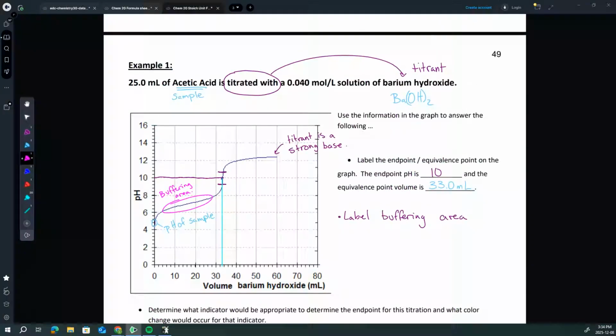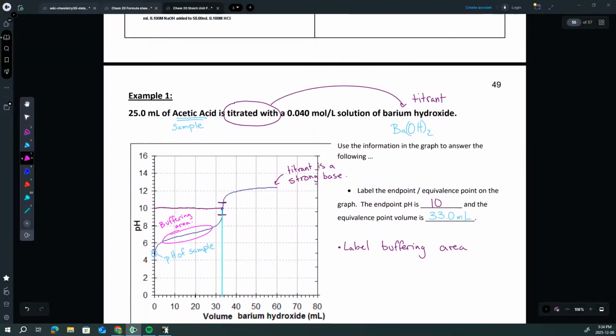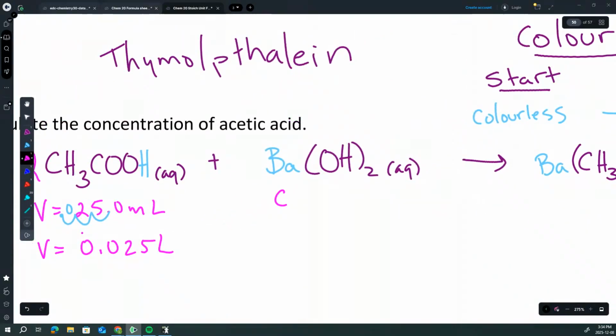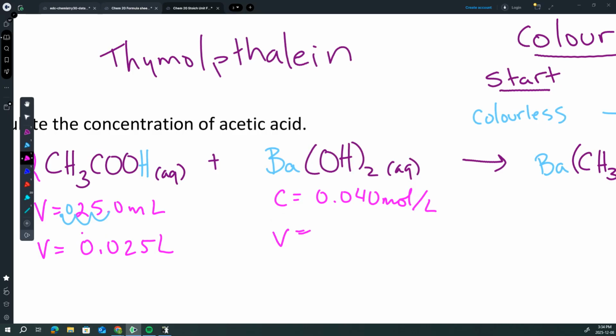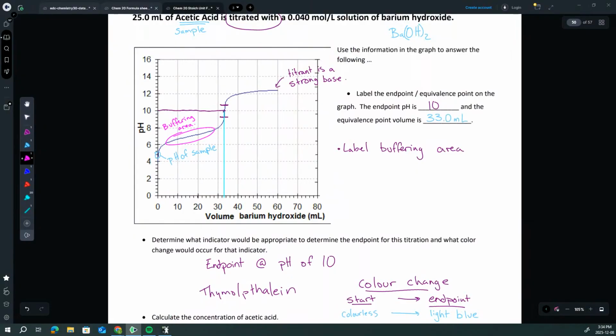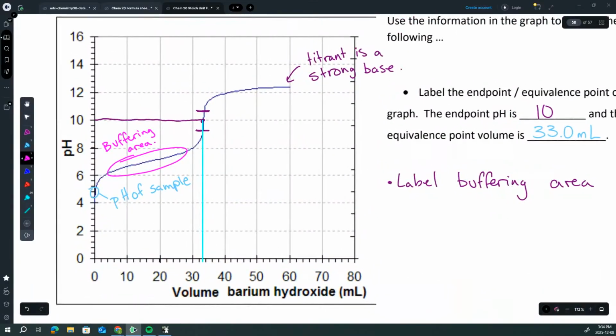Okay. Now, they've also told us that the concentration of our barium hydroxide solution is 0.04. So let's write that out. And for our volume, that's going to be found on the titration curve. That's why we want to figure out what the equivalence point volume is, because that tells you how much of your titrant that you used.